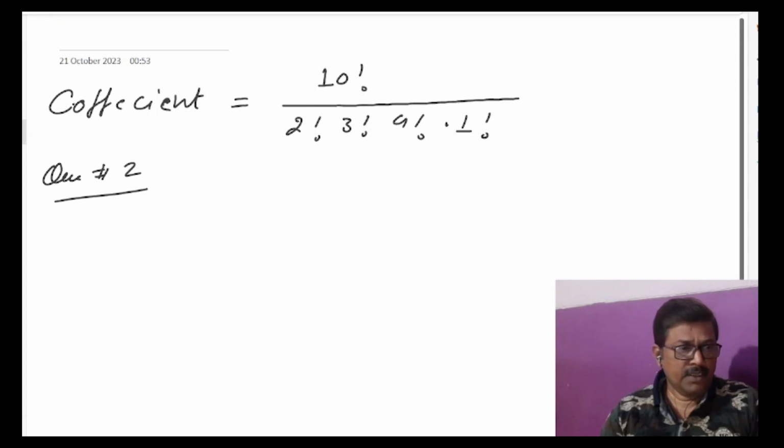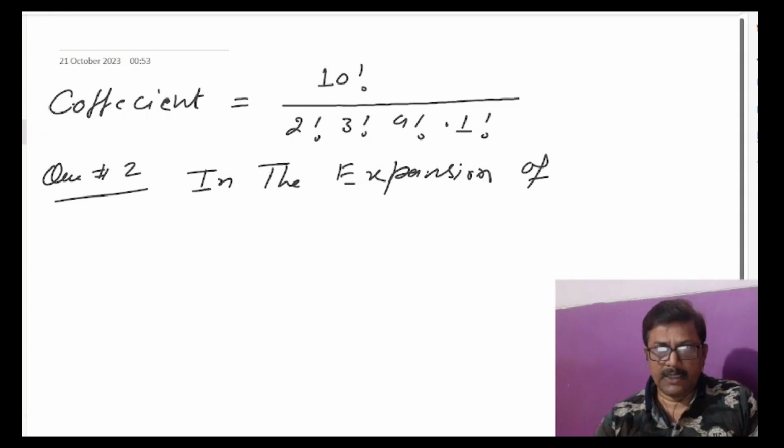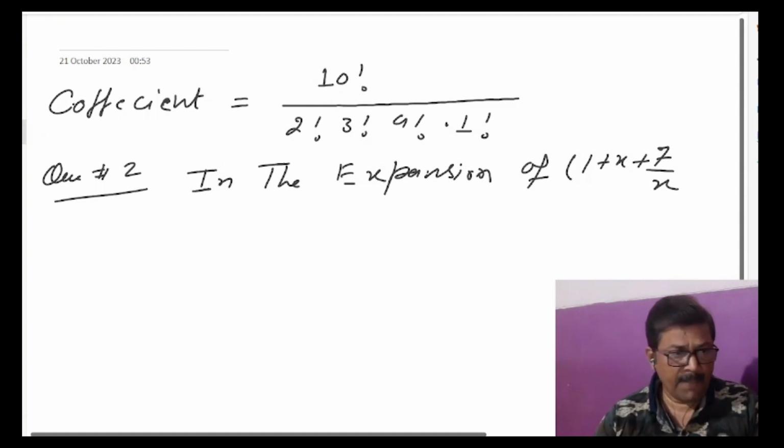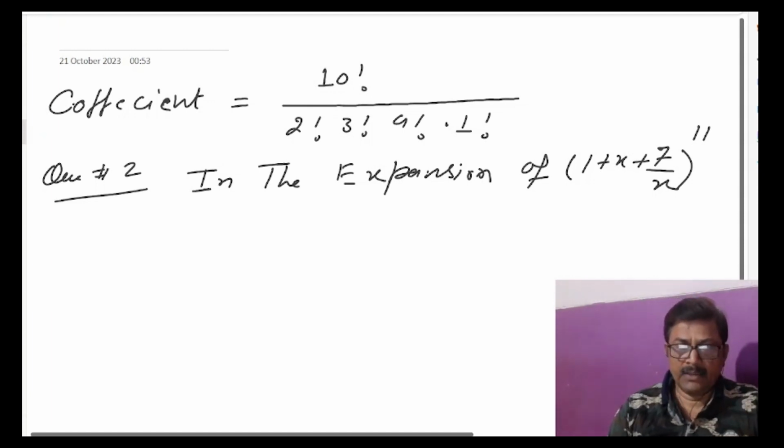In the expansion of 1 plus x plus 7 upon x, whole power 11, find the term independent of x.